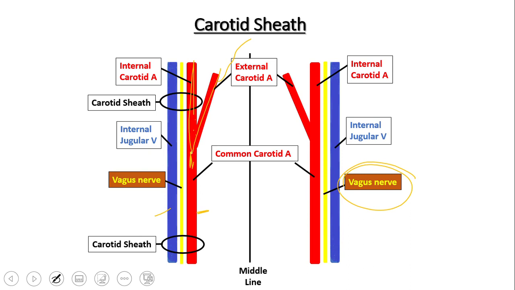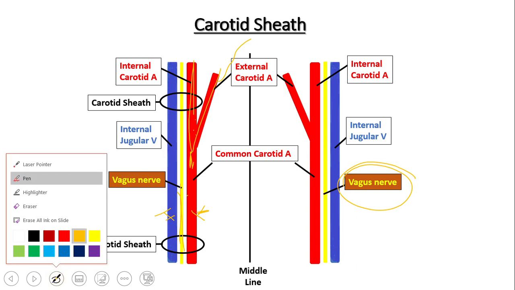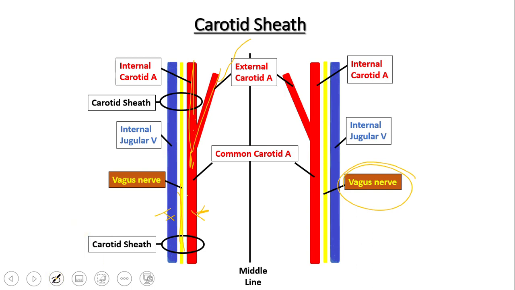So down in the neck, we have the internal jugular vein, common carotid artery, and vagus nerve. How about the upper part of the sheath? It has also the internal jugular vein, the vagus nerve, but now it has the internal carotid artery.